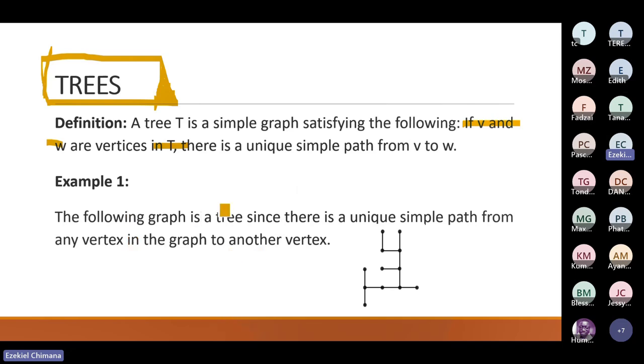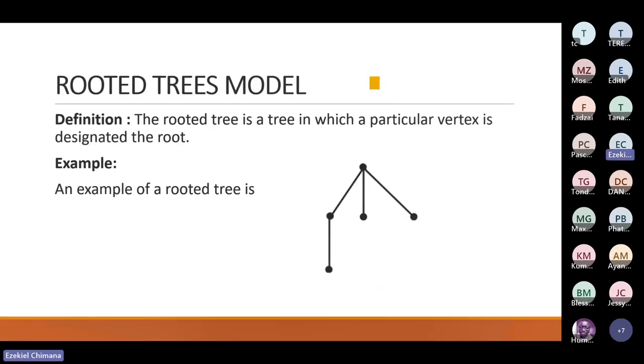So the following graph is a tree since there is a unique simple path from any vertex in the graph to another vertex. So you can maybe go through this way, or you can go here. So let's talk about rooted trees.